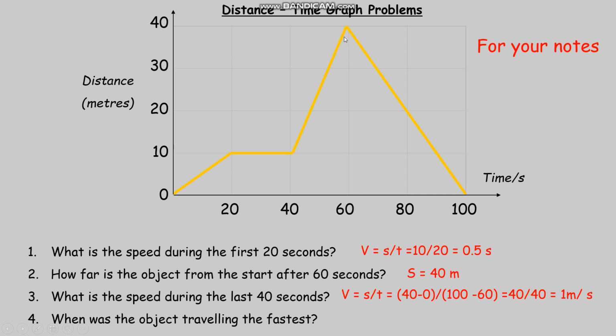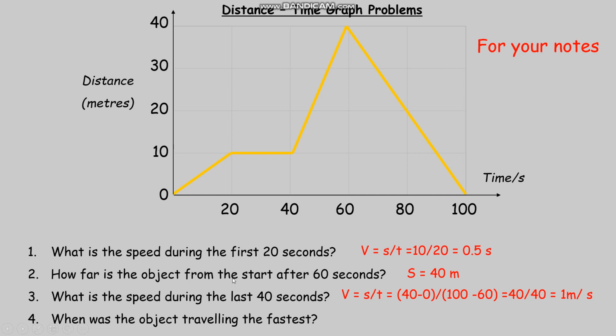The distance travelled will be 40 meters, 40 minus 0, but the time taken is not 100 seconds, it's 100 minus 60, because 60 seconds of the journey had already gone by, so it's 40 seconds. 40 divided by 40 is 1.